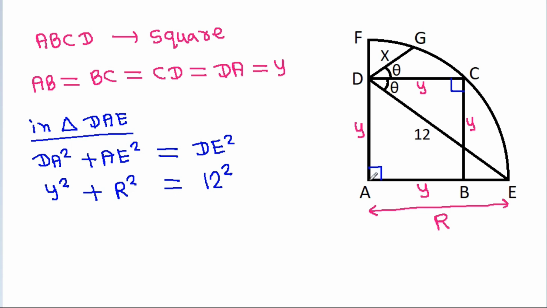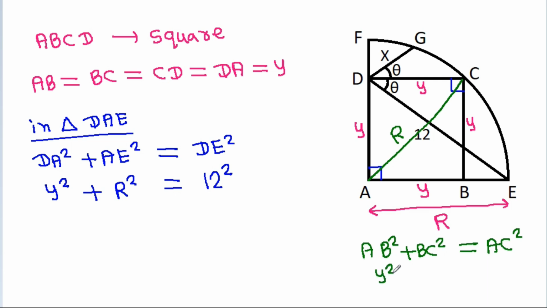And if we join AC, then AC will be radius, and also AB square plus BC square will be equal to AC square, and AB is y square plus BC is y square is equal to AC is radius square. So 2y square will be equal to r square.